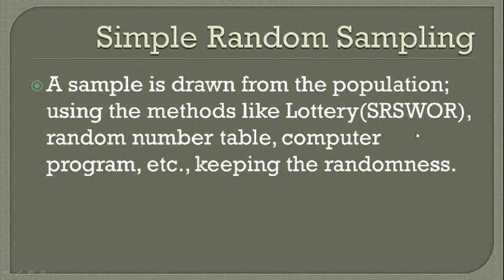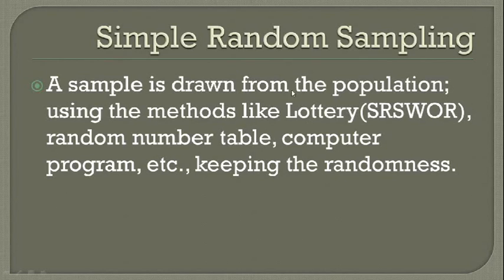Here another term I have used is simple random sampling without replacement. If we do a lottery, we have seen that simple random sampling is done without replacement. Random number tables are very important, and so are computer programs. If I use a computer program, this is the best, keeping the randomness.